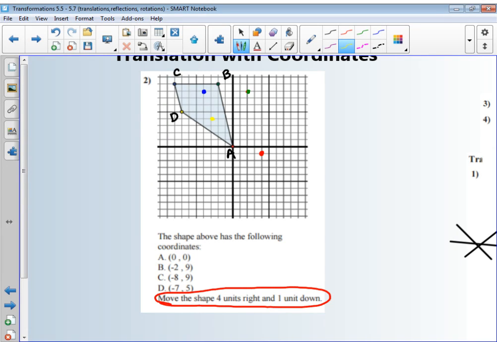Now, as I told you earlier, if some of you are comfortable with just translating one and then copying by counting off, you can do that. Either method, you should end up with the same shape. So now if I connect these, I'm going to connect them with my marker. It makes it easier when I'm erasing my board. So I'm going to use my black marker to connect my dots.